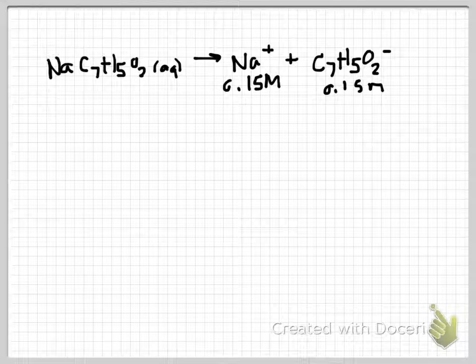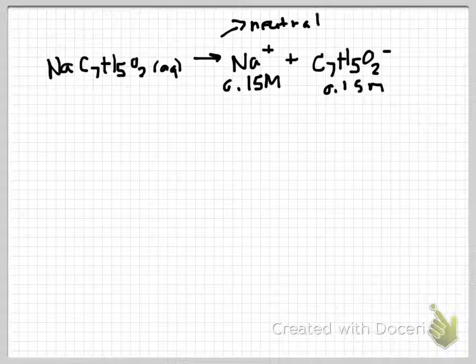My sodium cation here is going to be in the solution. It'll just be neutral. It's going to be a spectator ion. So it's going to be there, but it's really not going to contribute to the pH of my buffer solution. It's a neutral cation because it's a cation of a strong base.